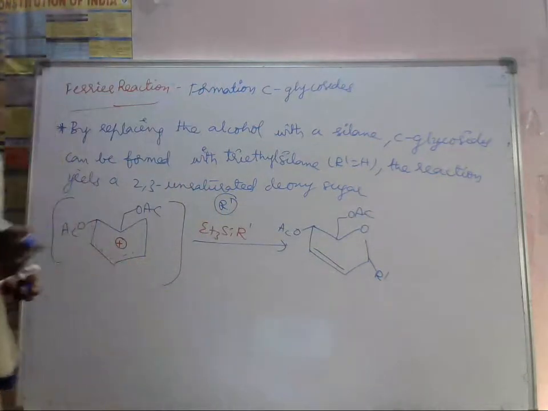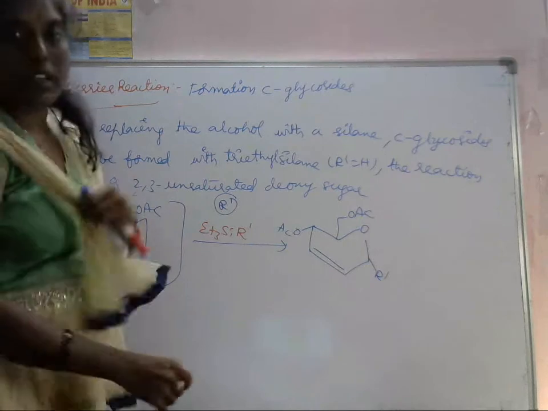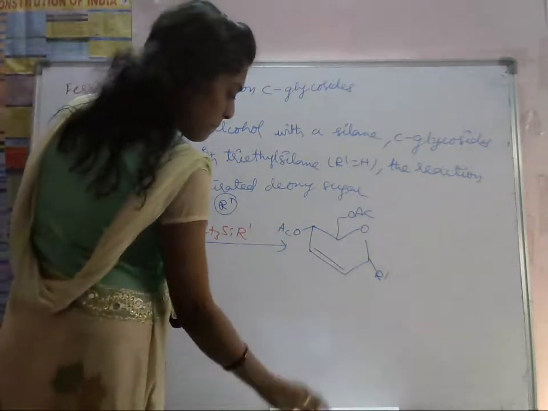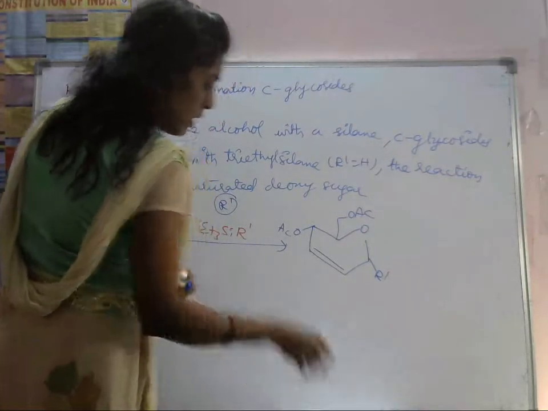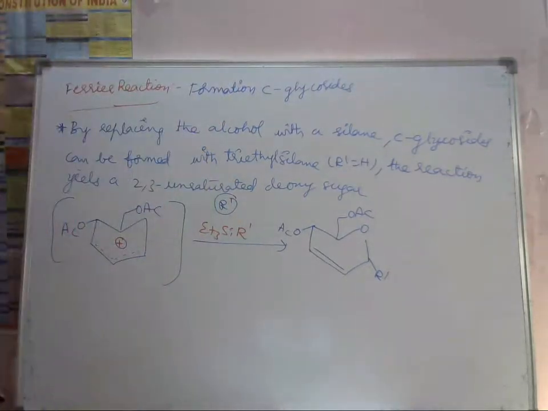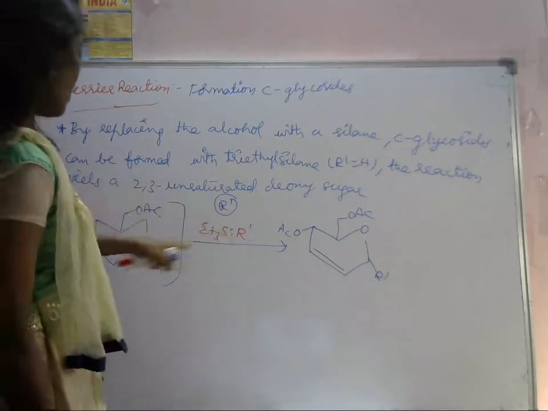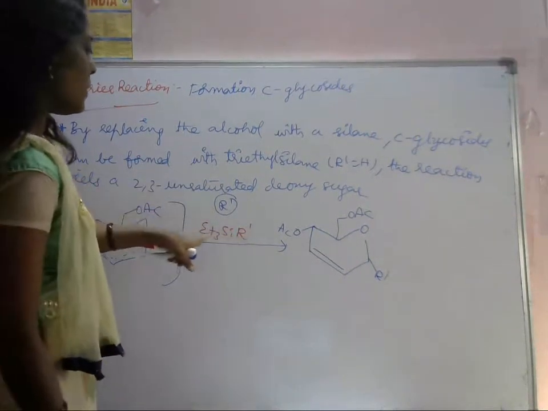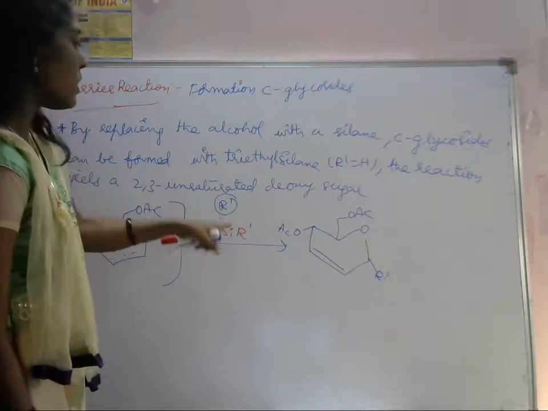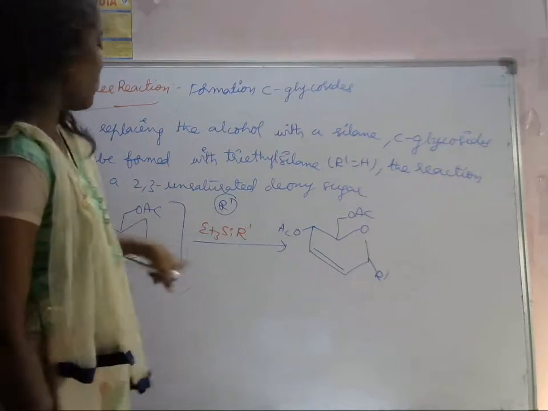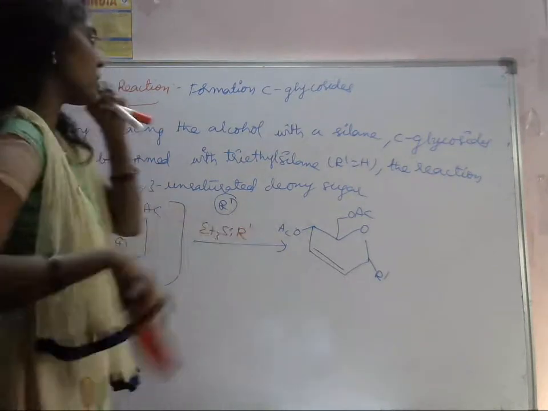So this is called the Ferrier reaction. If it is treated with triethylsilane alkane, R1 attacks this carbocation and forms this product.